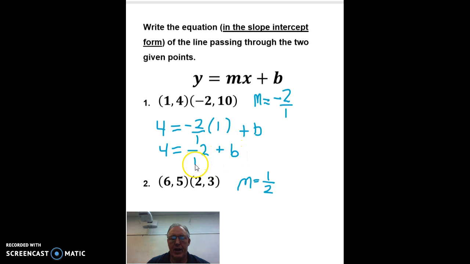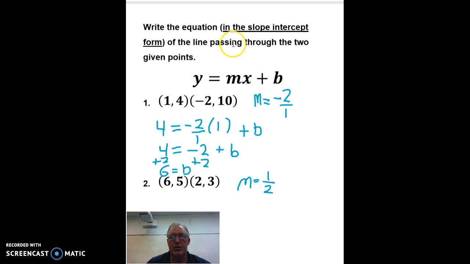Going to go ahead and add 2 to both sides, just like we've done before. And in the end, this will be equal to 6. And what we have left over on this side is b.